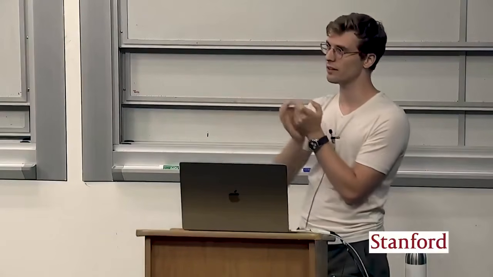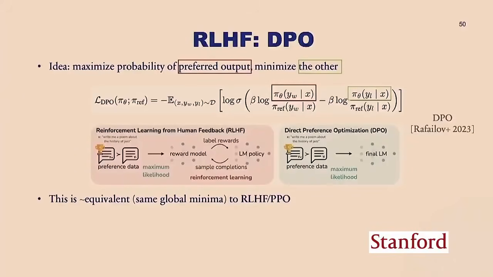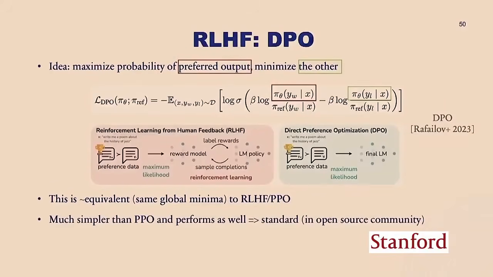So there could be potential improvements. In practice, it happens that there are none. And I think it's just that a lot of people on this team were reinforcement learning experts, including the main author of PPO, John Schulman. So DPO is much simpler than PPO, and it basically performs as well. So now this is the standard thing that people use, at least in the open source community, and I believe it's actually the standard in industry also.